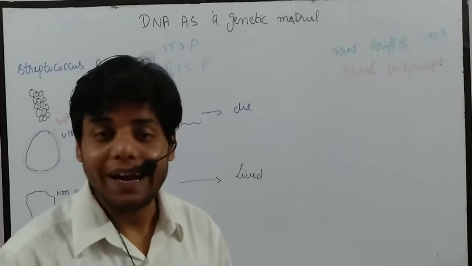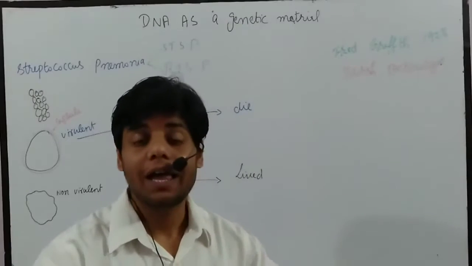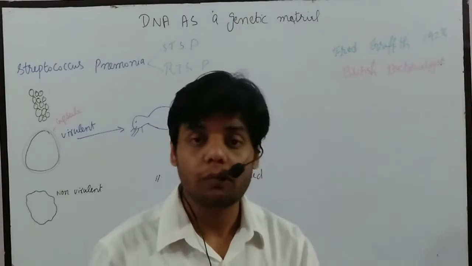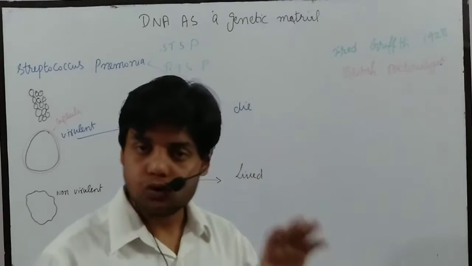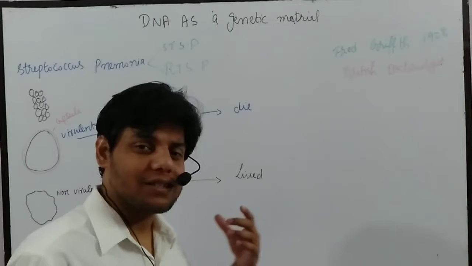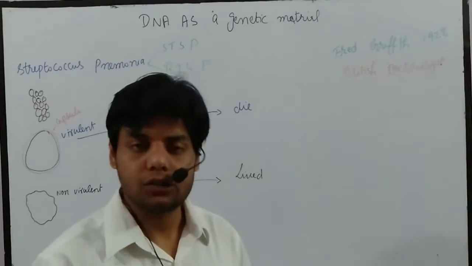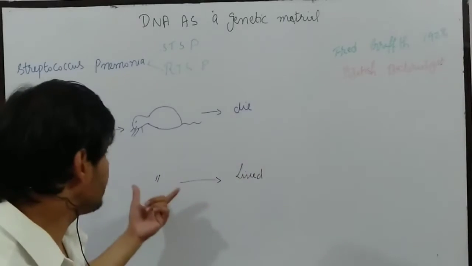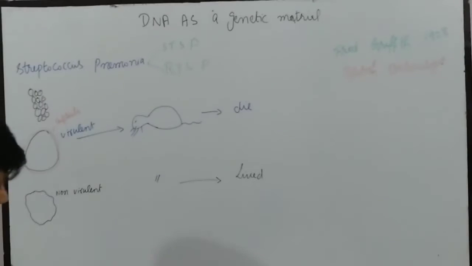As I told you, this bacteria doesn't have the ability to cause disease because they don't have the polysaccharide layer or capsule, due to which they can show protection. As they don't have the capsule, protection is not possible, and that's why this bacterial cell was recognized by the immune cells, and finally there's no chance of disease, and this mouse will survive and be alive.